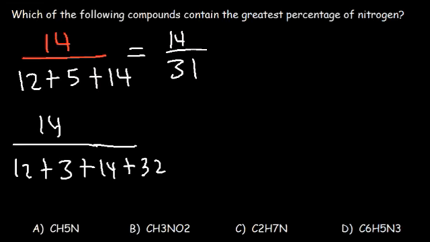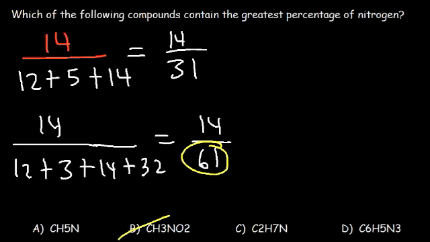And 32 plus 29, that's 61. So what we have here is 14 out of 61. Whenever you increase the denominator of a fraction, the value of the entire fraction decreases. So therefore, we know that A has a greater percentage of nitrogen than B, so we don't even need to calculate B. So B is out.